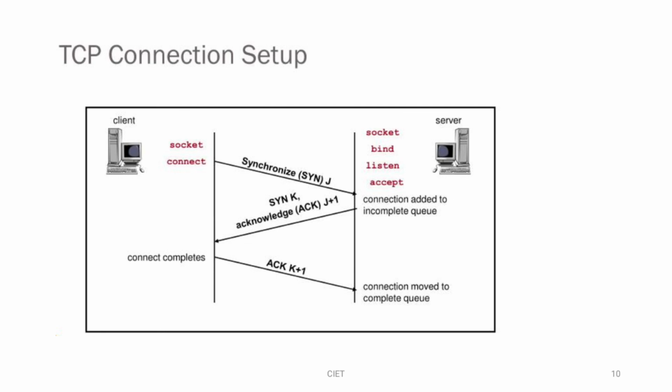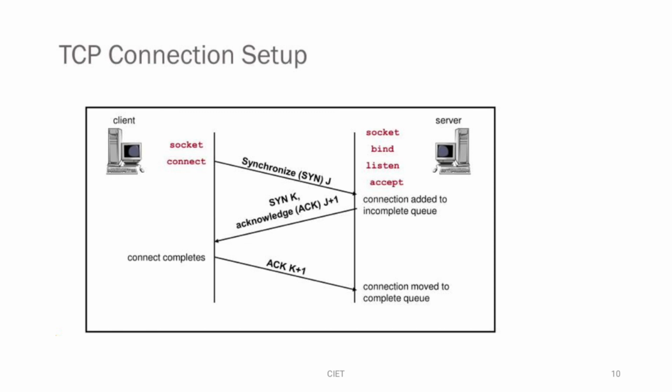At the client side, after the socket creation, by using the connect function, the connection will be established with a synchronization with sequence number J. The server will send an acknowledgement by adding +1 to the client synchronization number, and also send a synchronization K. After the connect completes at the client side, it again sends an ACK of the server's synchronization number by adding 1.